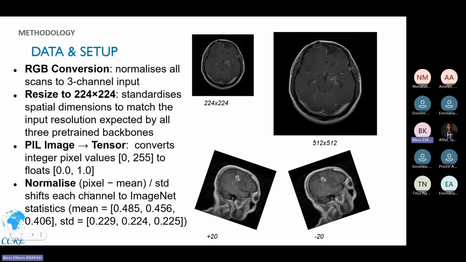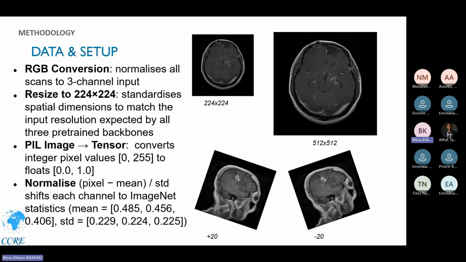For our setup, we went with a few pre-processing stages, with 4 main ones listed here. The first was an RGB conversion, which converts our MRI scans from a single channel grayscale image to a three-channel input for our pre-trained backbones. Then we resized for uniformity across all three models, and we chose 224 by 224, which was the default size of VGG16 and DenseNet.